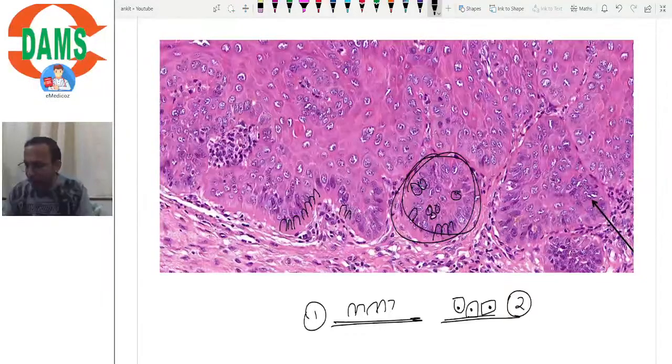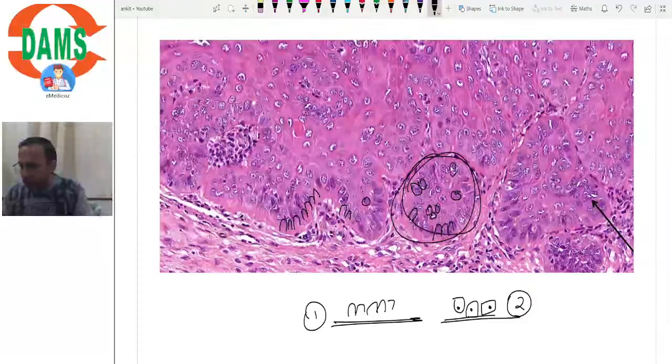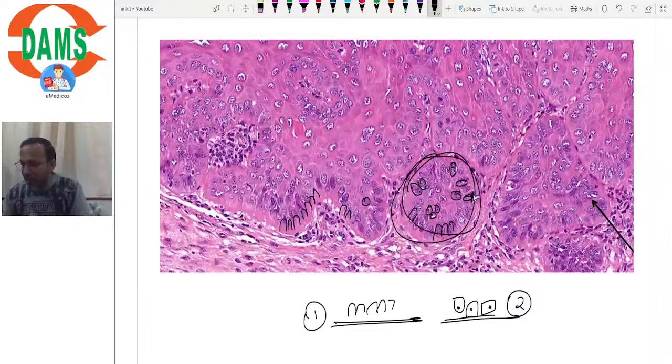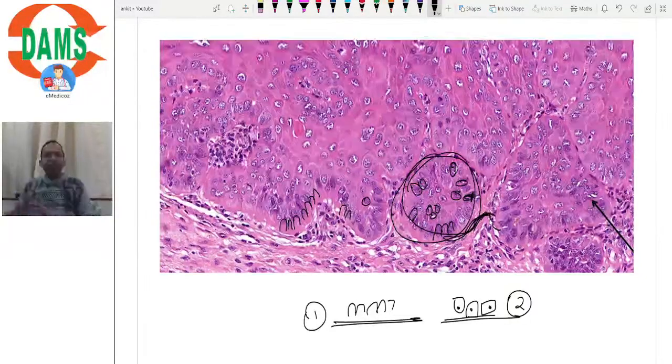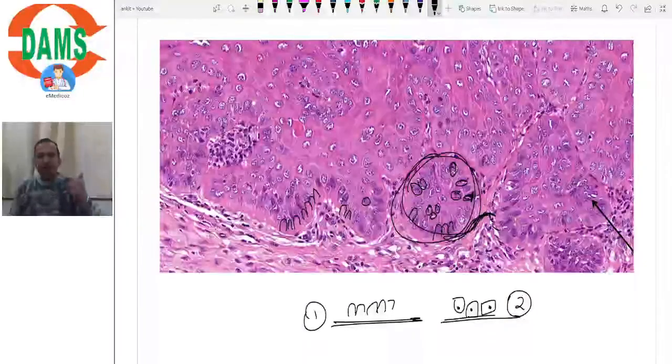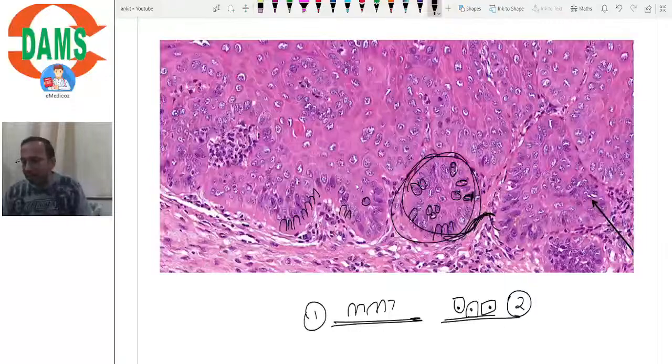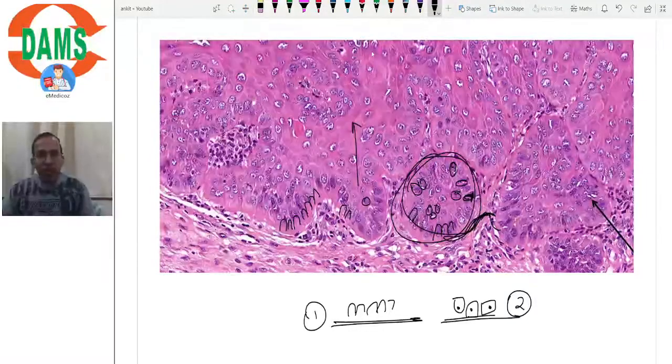But what happens is that these cells are getting disoriented, right? You can see that some cells are oriented away from the basement membrane. Their bases are away from the basement membrane, when they should have been arranged on it, right? So when cells move away from the basement membrane and take some other orientation, we cannot make out a proper orientation, and the cells do not appear to be moving from stratum basale to the superficial layer.